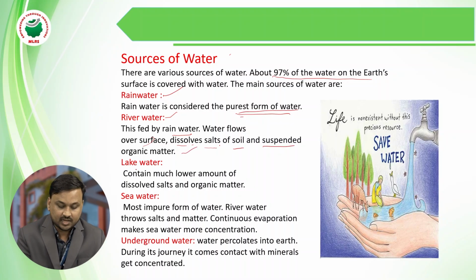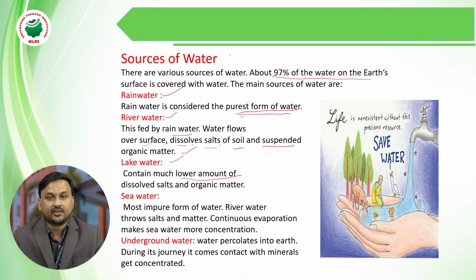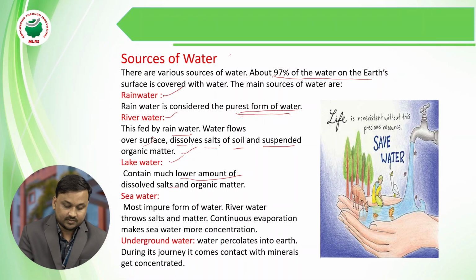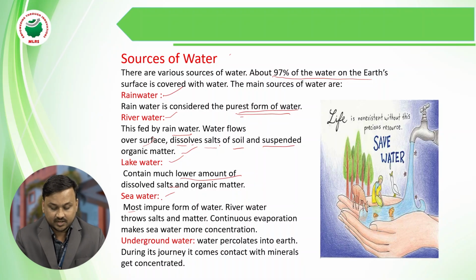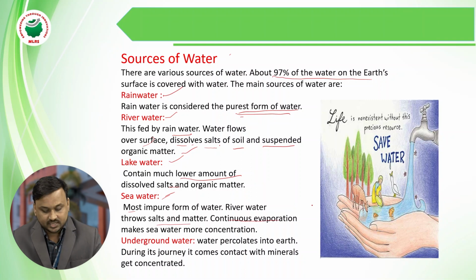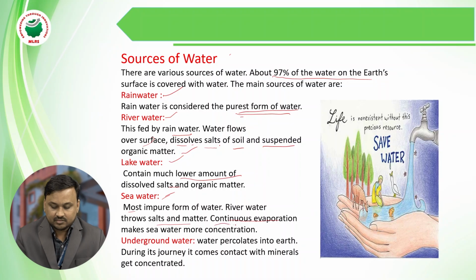Next, lake water contains a lower amount of dissolved salts and organic matter. Sea water is the most impure form of water, as river water carries salt and matter into it. The sea water continuously evaporates, making it more concentrated.